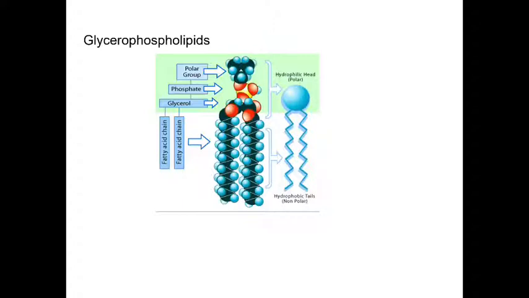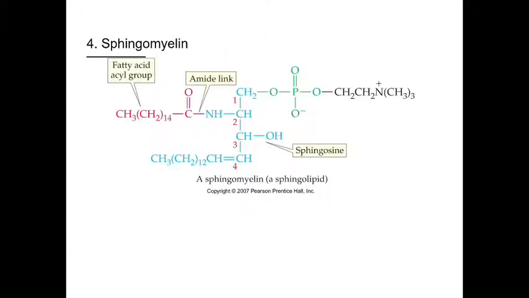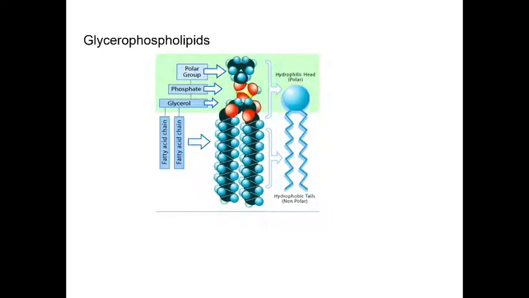What we see there is, because it only attached on 2 fatty acids, we have 2 long carbon-hydrogen tails on a glycerophospholipid. The rest of the molecule, that glycerol backbone, that phosphate group, and a polar group, comprise the polar region.